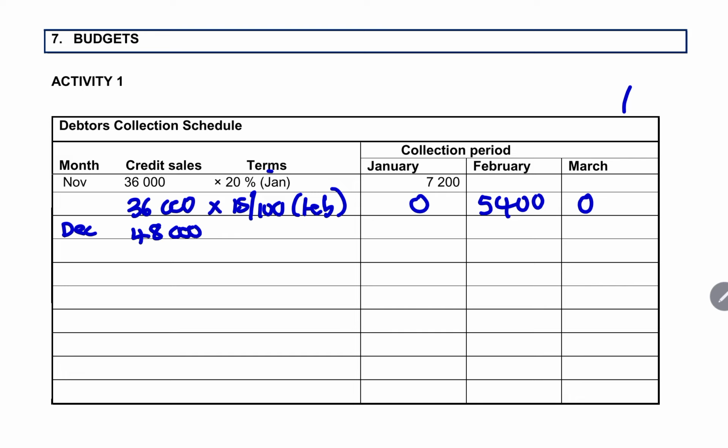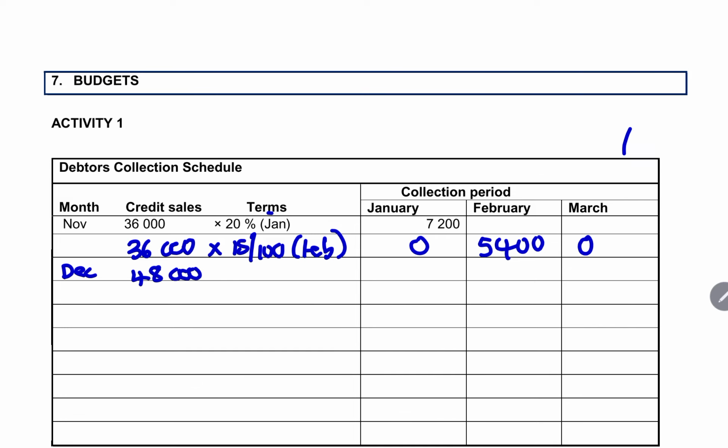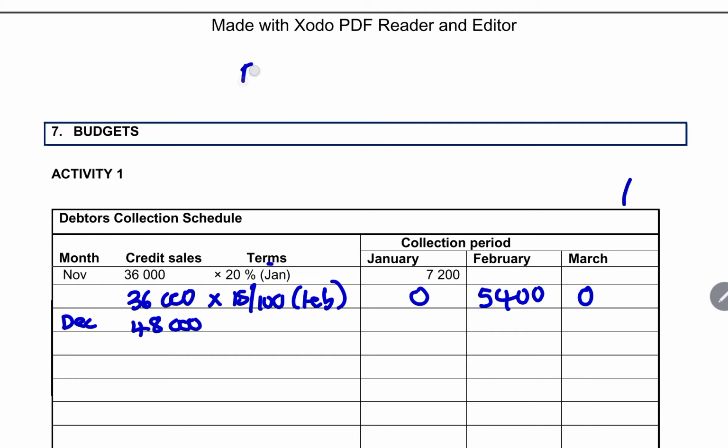Now, here's what we need to know. When it comes to December, we need to check the first month after December. It's January, right? After December, the first month is January.